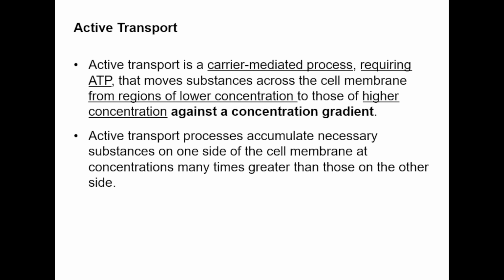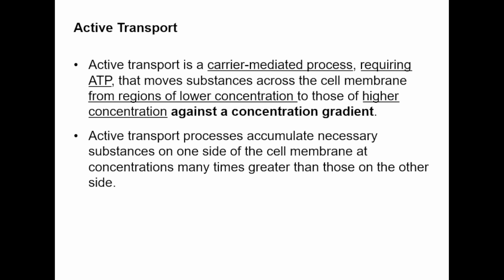So, it's the opposite of the concentration gradient. Thus, the movement is against a concentration gradient. What happens in active transport is that it accumulates the necessary substances on one side of the cell membrane at concentrations that are greater than those on the other side.